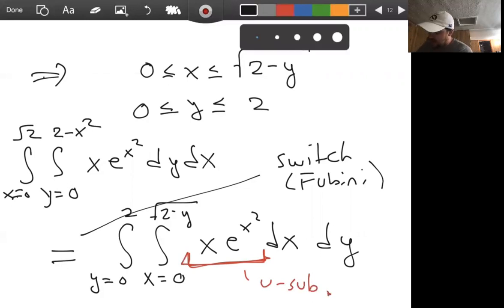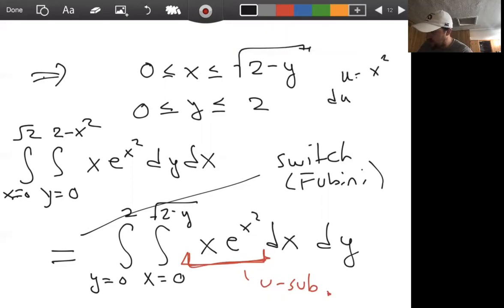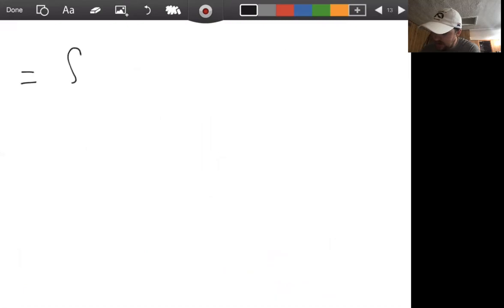So maybe I won't finish this the entire way, but I'll at least go through the first integral, right? We can let u be x squared, and so du is 2x dx, which means this is the integral y goes from 0 to 2 of the integral, and I'm going to leave my x bounds here.